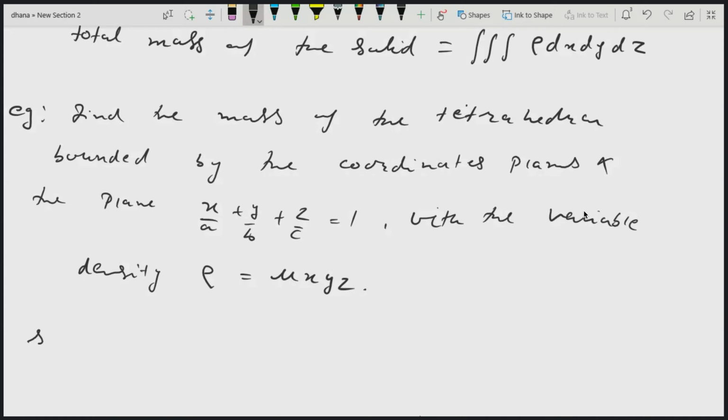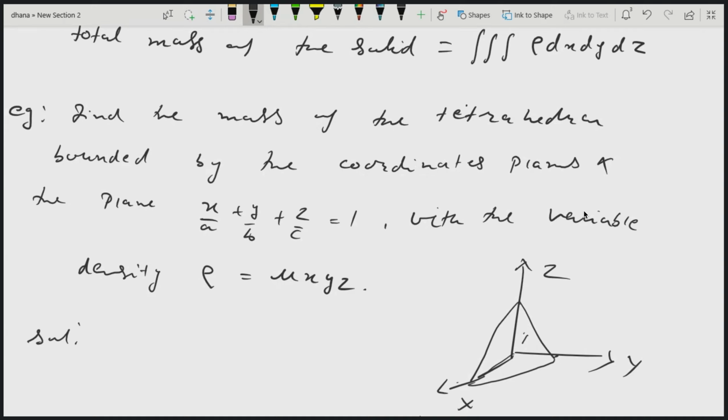So the elementary mass at a point is what? Suppose this is the z axis, this is the y axis, this is the x axis. You can change according to your wish.